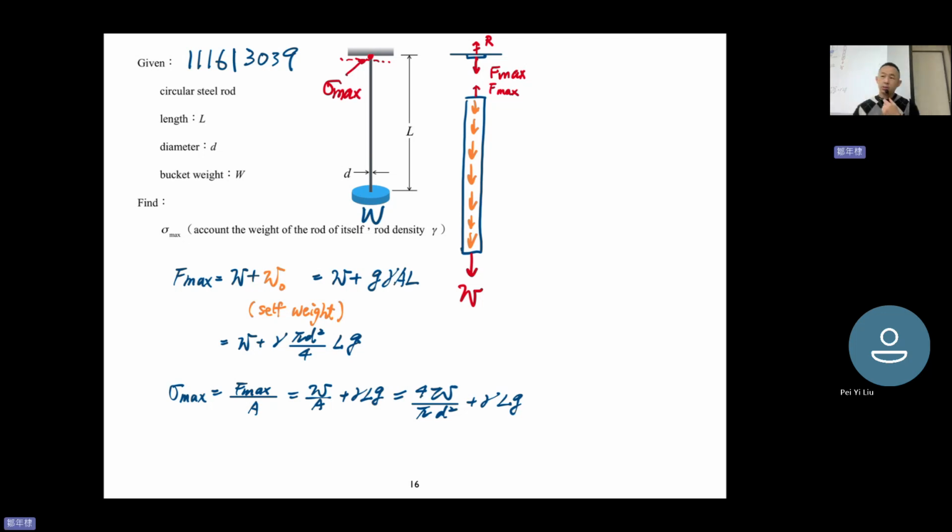When I was a kid, your age, and I started to learn mechanics of materials, at that time I found it really difficult. I found it so complicated that I could not understand.